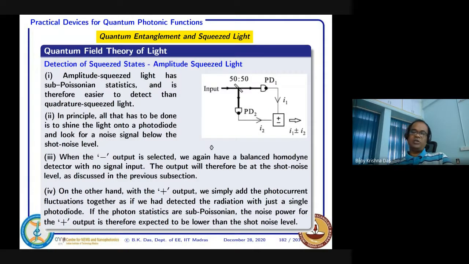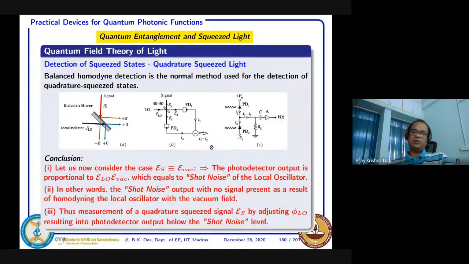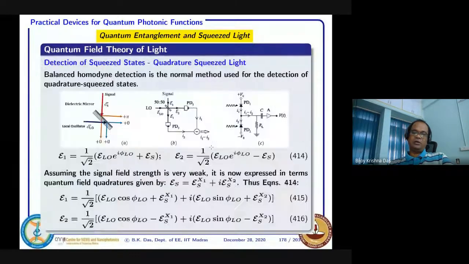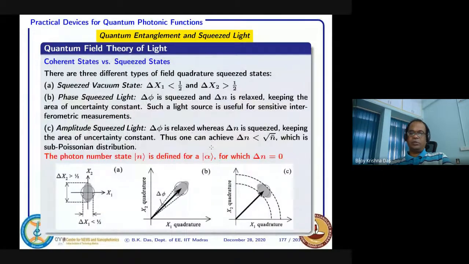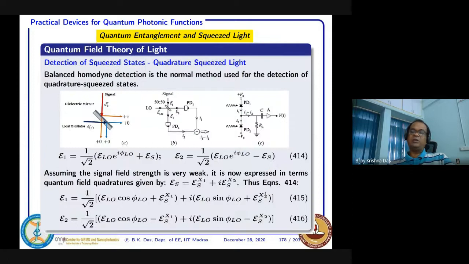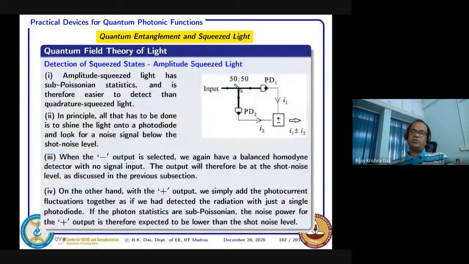Because if you see our discussion here, this is your amplitude squeezed light. So your phase is relaxed and amplitude is squeezed. So the standard deviation will be close to sub-Poissonian, less than average n. In that case, we can call it amplitude squeezed light.